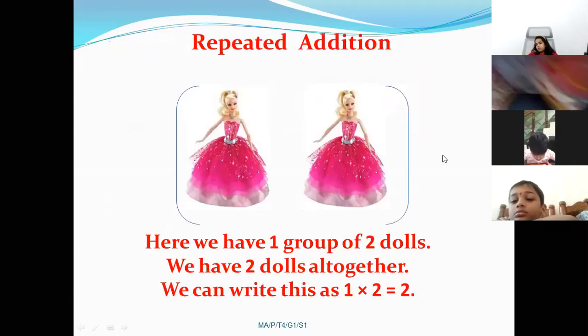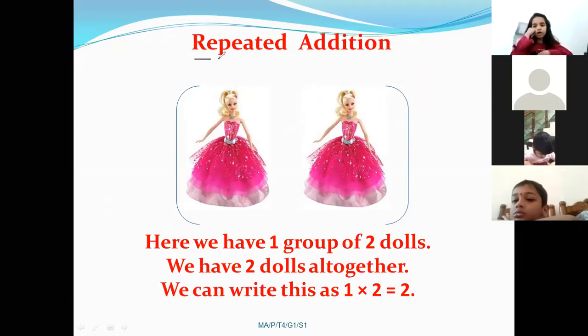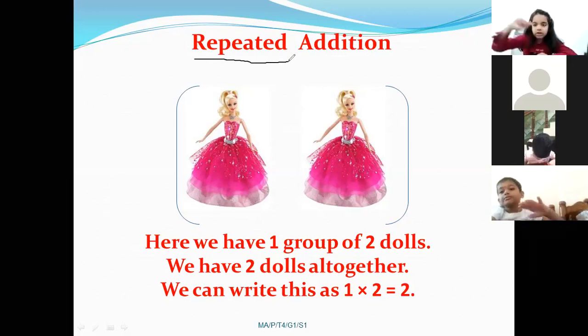Now, repeated addition. As I told you, repeated addition means when we are repeating the same number again and again with a plus sign. Repeated means, this word repeated is there, no? Repeated means when you write something again and again.